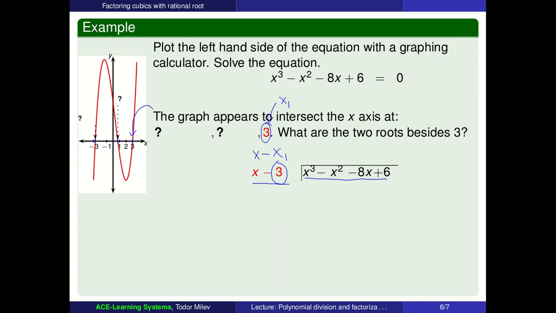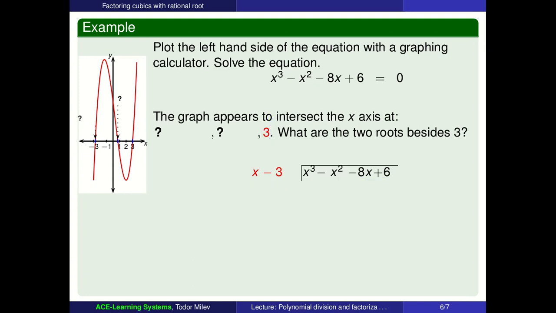So our division serves a twofold purpose. First, to verify that our eyes are not deceiving us, and second, to aid us with factoring x cubed minus x squared minus 8x plus 6.